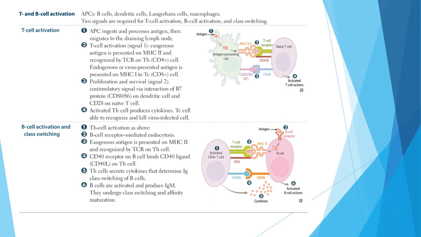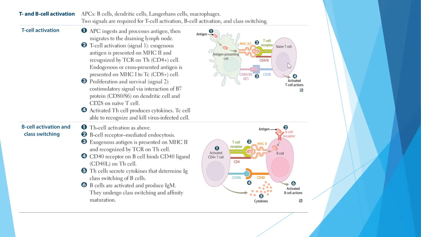Talking about the T cell and B cell activation. So the antigen presenting cells ingest and process the antigen and then migrate into the draining lymph node. Here you can see the antigen presenting cells now have ingested the antigen. Now then there is the T cell activation, signal one. T cell activation: the exogenous antigen is presented on the MHC2 molecule and recognized by the T cell receptor on the TH cells, okay?